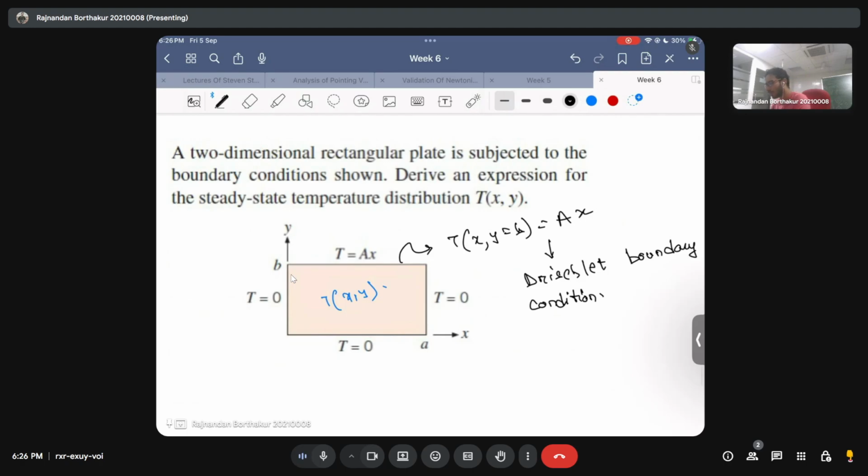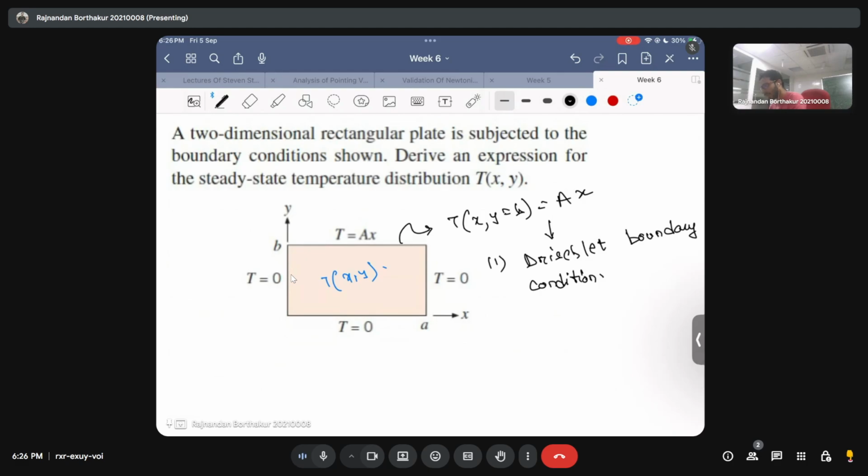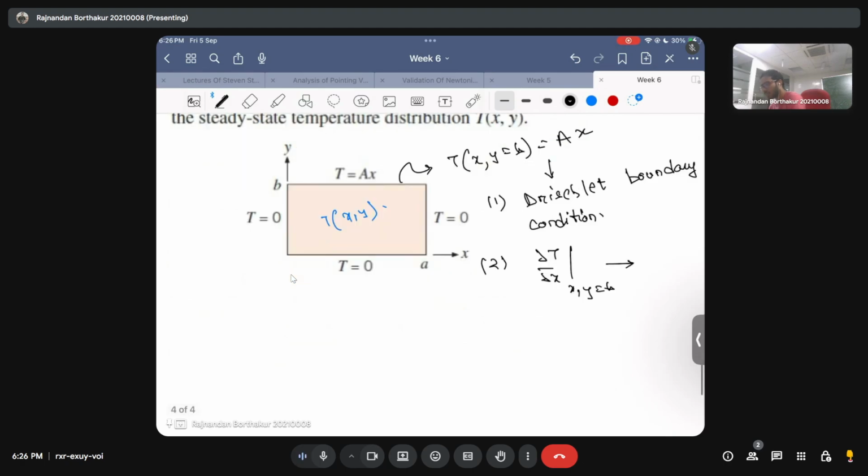We can also have a scenario where, instead of prescribing the variable itself, we are prescribing the derivatives of the variable. For instance, we are prescribing del T by del x for all x at y equal to b. What we are essentially saying is, instead of prescribing the temperature, we are prescribing indirectly the heat flux.